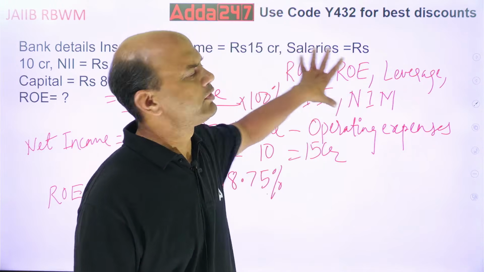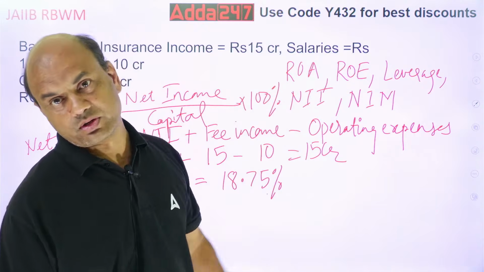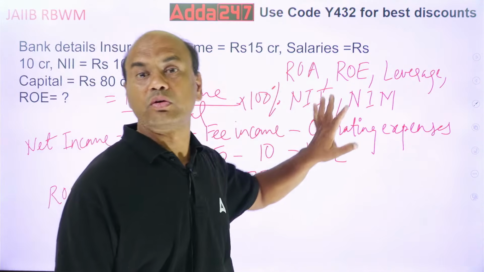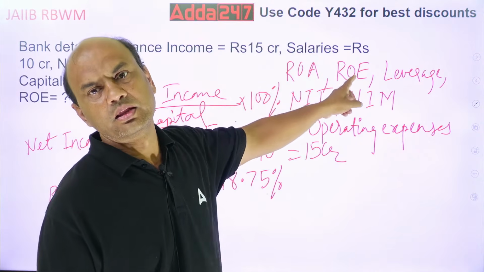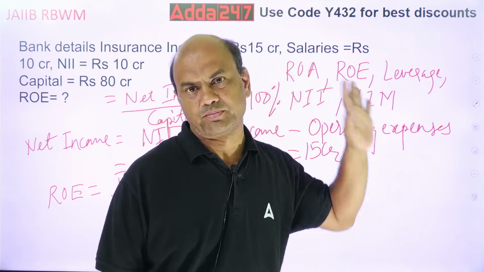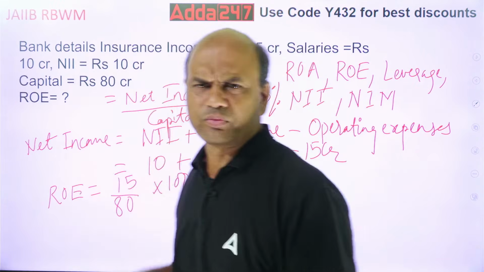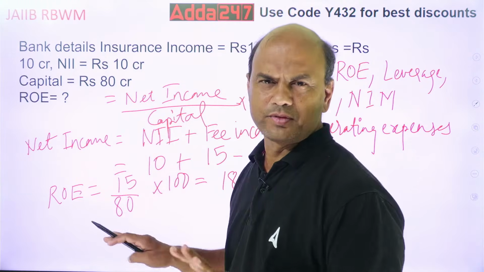These are the 5 important words. I'll try to take the numerical on all the 5. Right now we have taken ROE. Now ROA, leverage, NII, NIM, 4 are remaining. I'll try to get all of them today or tomorrow.